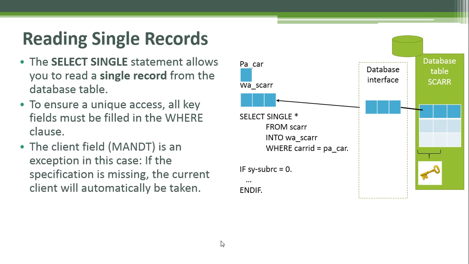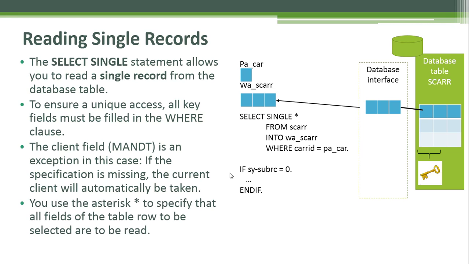If the specification is missing, the current client will automatically be taken. So you don't need to specify the client, although you create it as a key in the transparent table. You don't need to specify it when you use the select statement. You use the asterisk to specify that all fields of the table row to be selected are to be read.